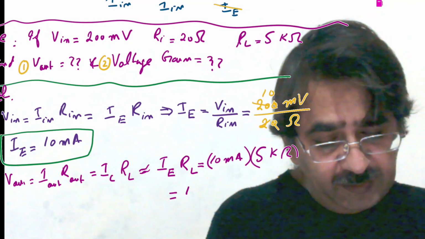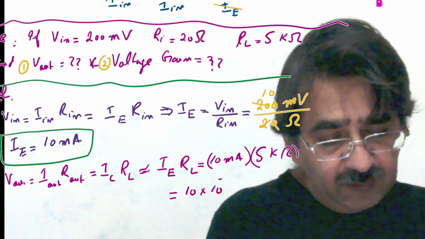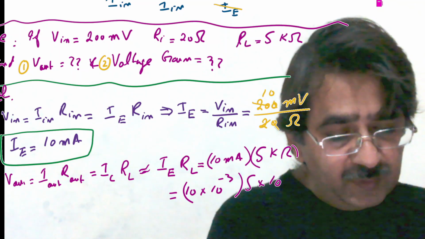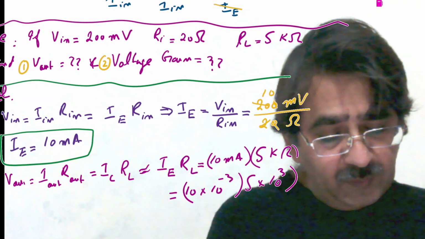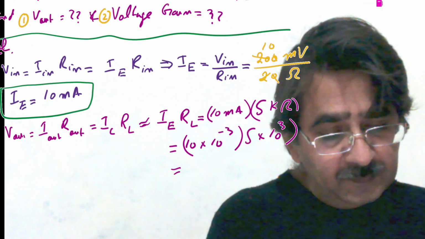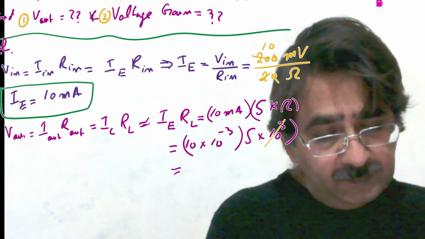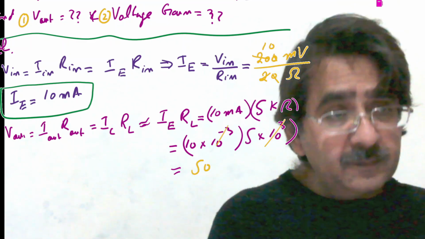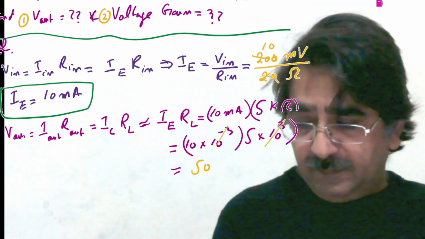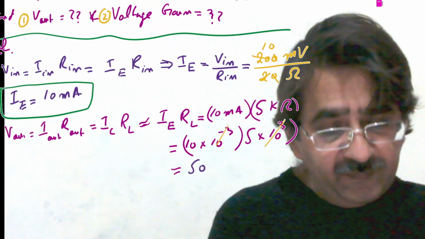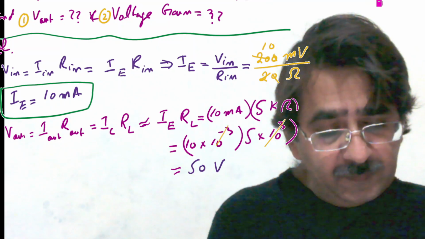So you may say 10 raised to power minus 3 times 5 times 10 raised to power 3. So that will become 50 volt.